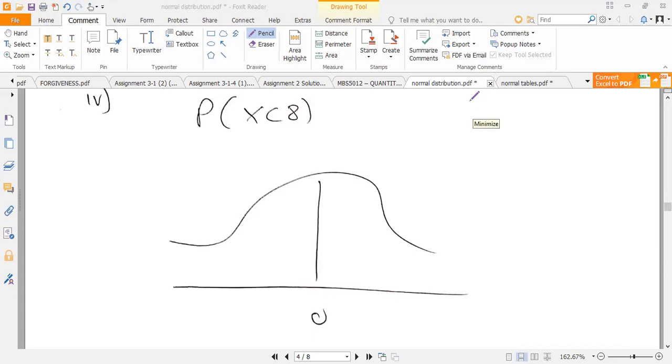The mean is 10. Put it here. So we'll standardize first. Let's locate where the 8 is.